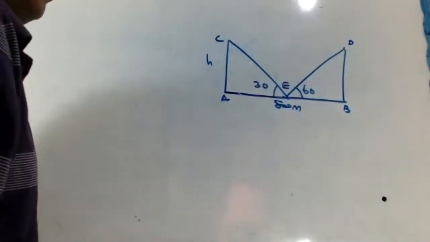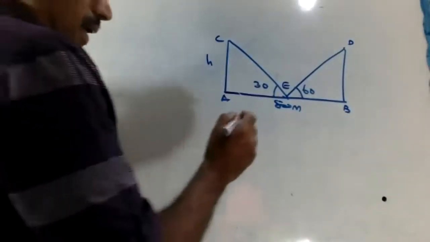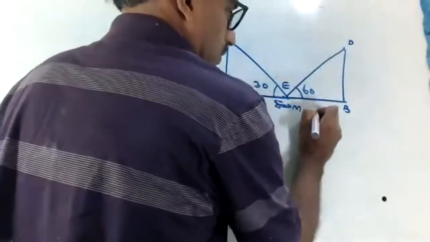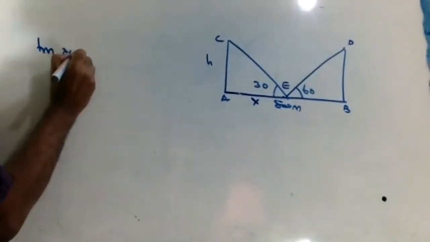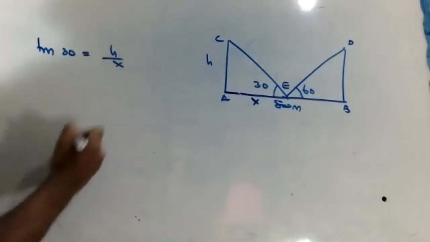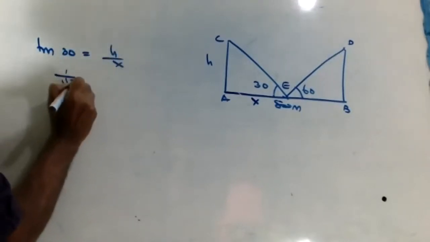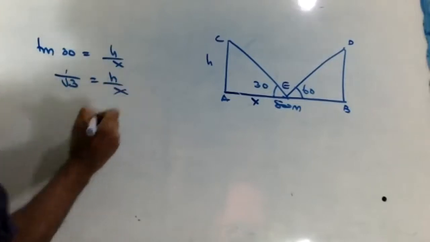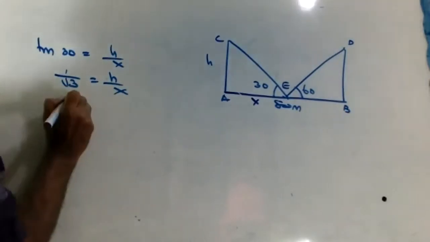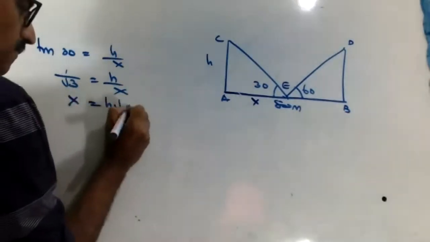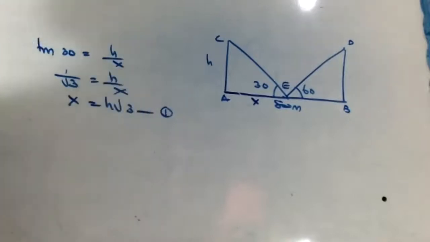We assume that this distance is X. So tan 30 equals H by X. 1 by root 3 equals H by X. So X equals H root 3, equation 1.